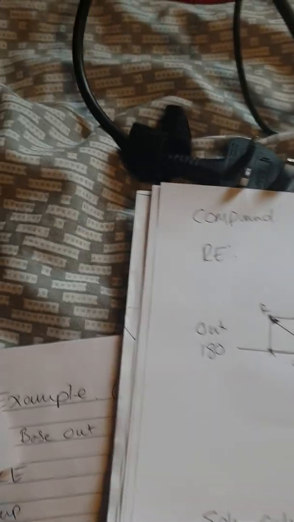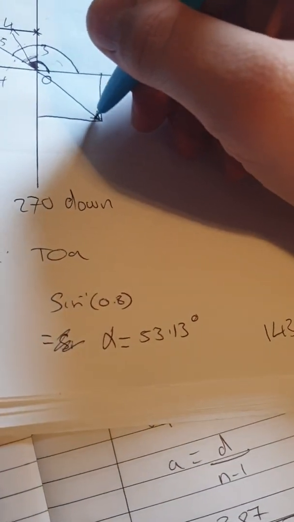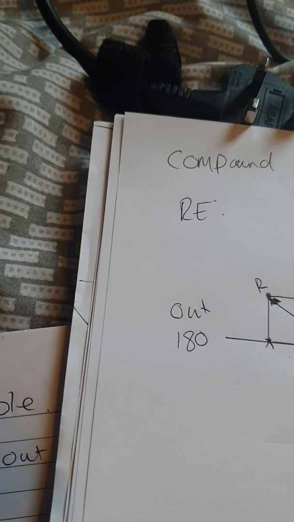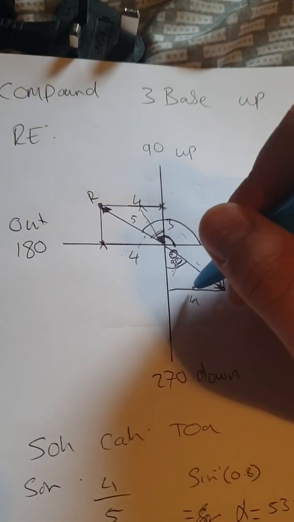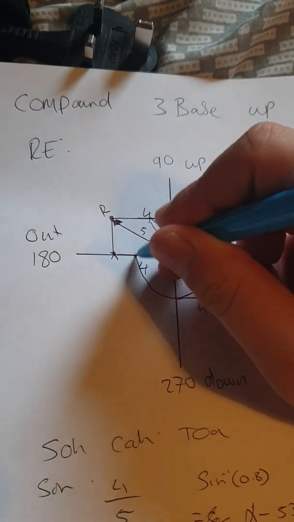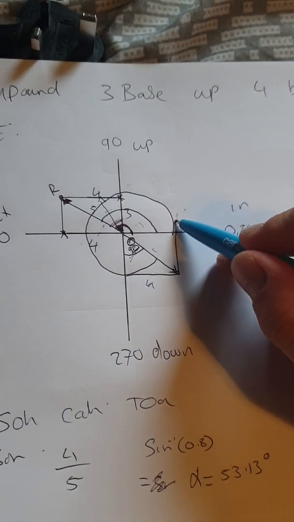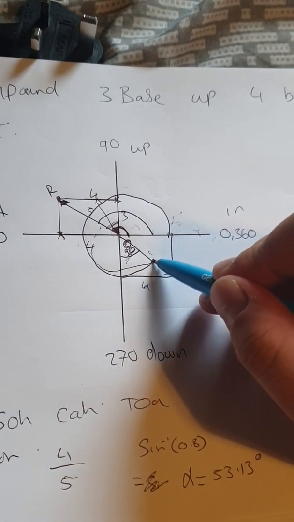If, for example, I'm just going to do this really sloppily because it's not going to be drawn with a ruler, but say we had the same sort of thing here, and we find out this angle is 40, for example, you would just do that again: opposite over hypotenuse, do your sine, say that angle was 40. In this case, you'd be finding this angle here, because again, you're always starting from 0, going all the way around till we get to here.